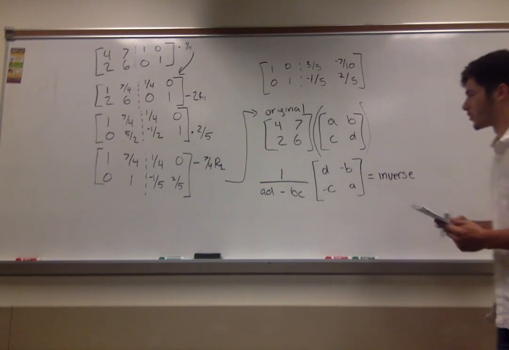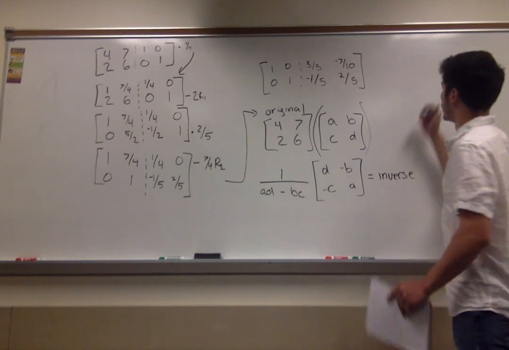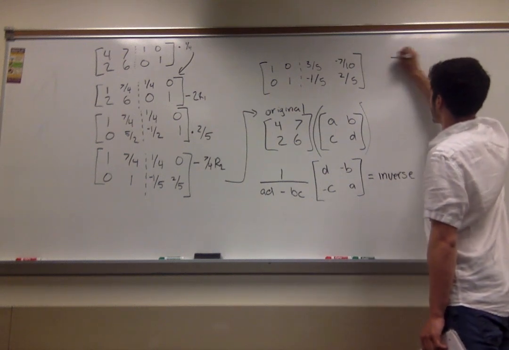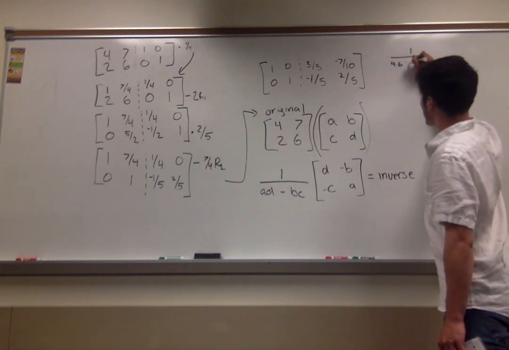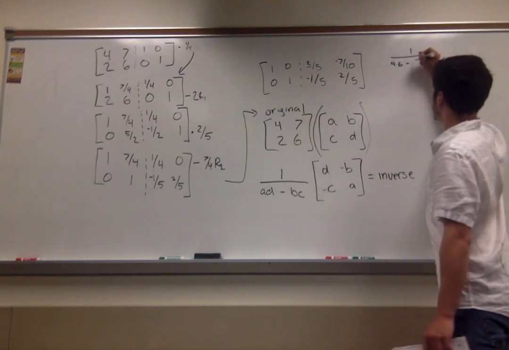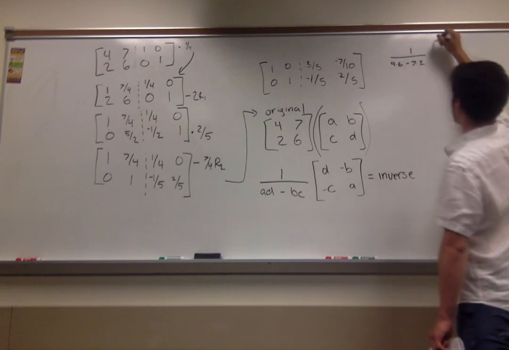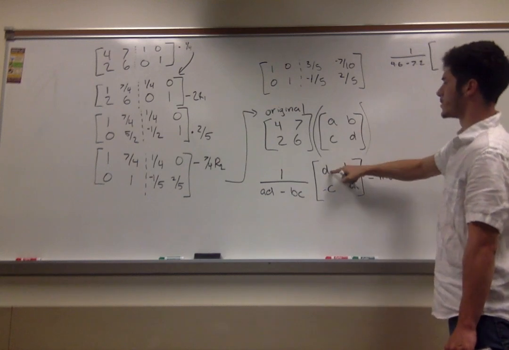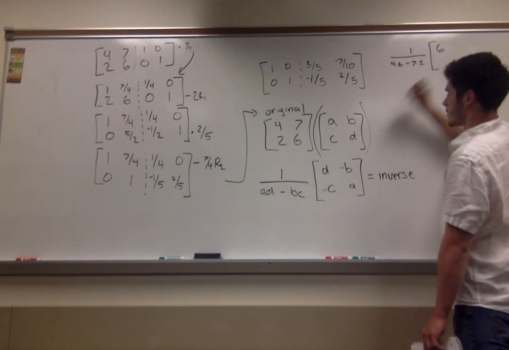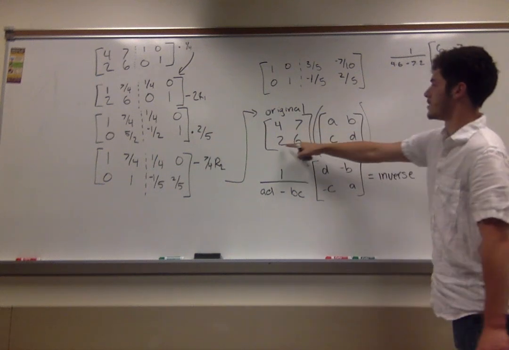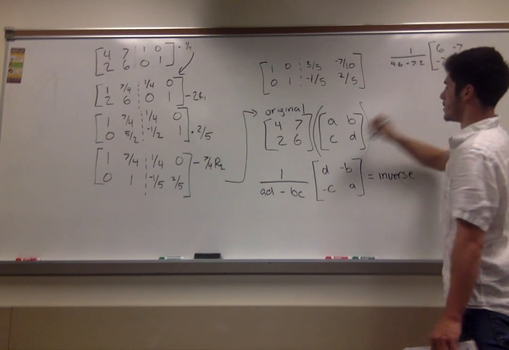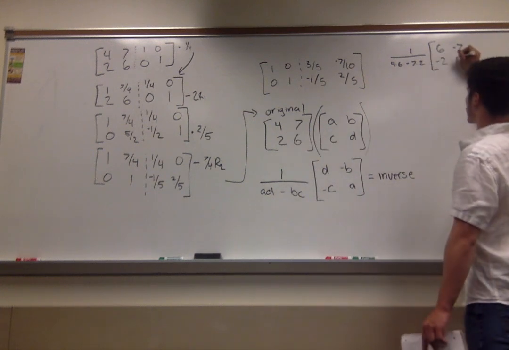And I'll show you that real quick because it's a super simple and easy process. 1 over 4 times 6 minus 7 times 2. And then our new matrix is going to be D, so 6, negative B, so negative 7, negative 2, and then 4, because that swapped places.